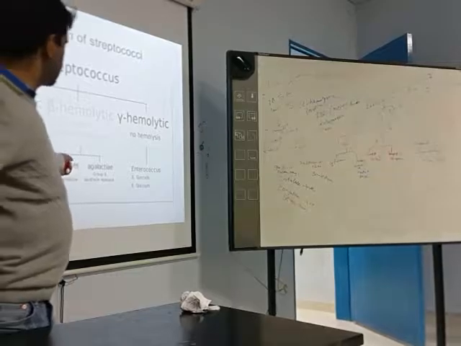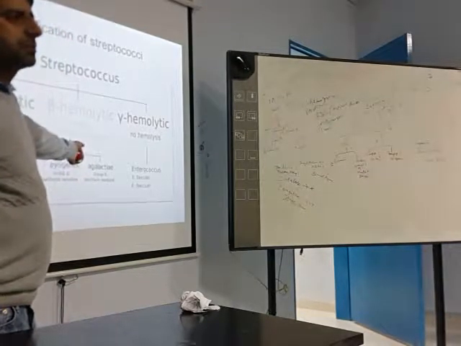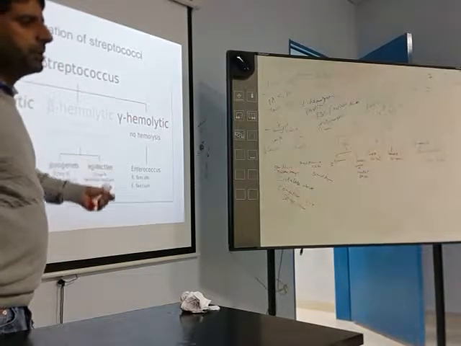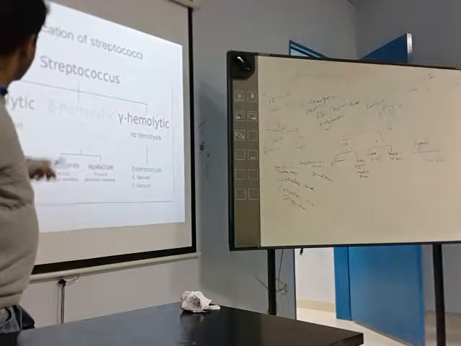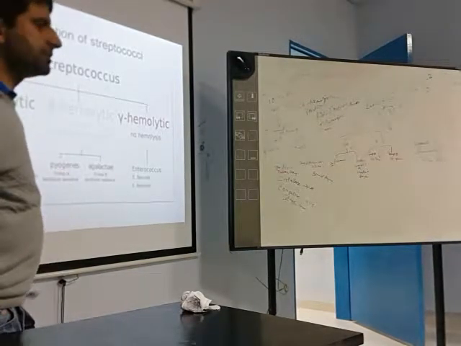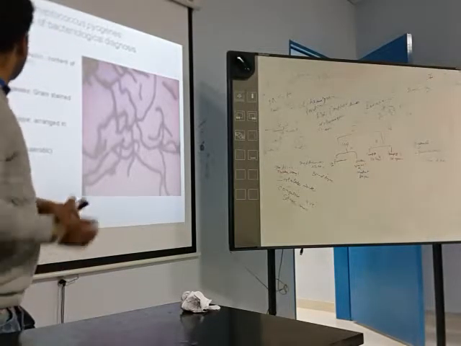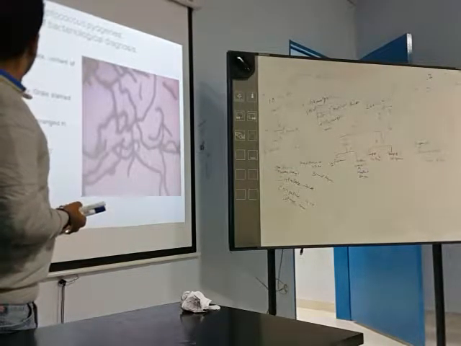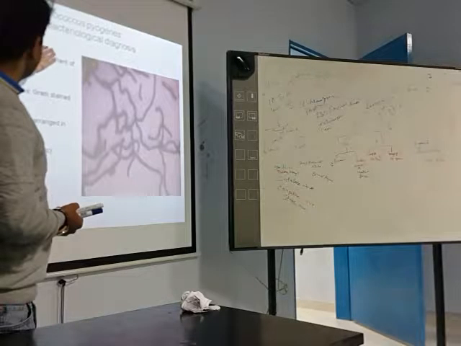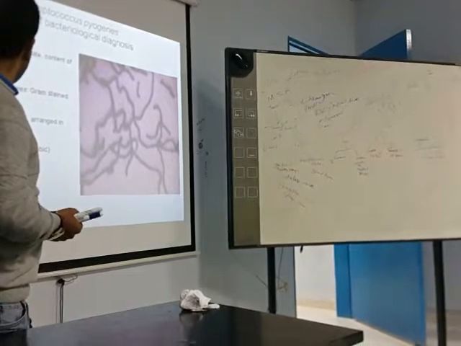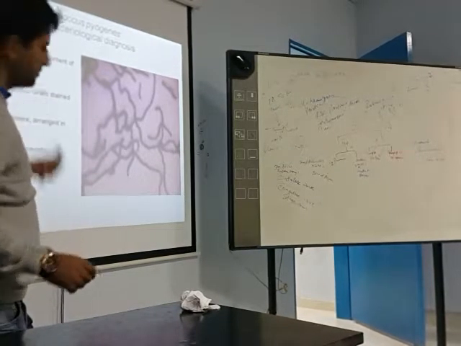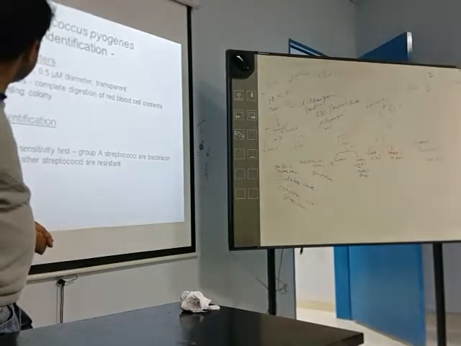You know about the classification, Lancefield classification, the grouping on the basis of the cell wall. So first we will talk about the pyogenes, group A and group B. About the bacterial diagnosis of the pyogenes: gram-positive.